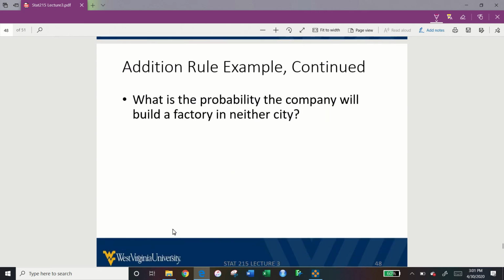What is the probability that the company will build a factory in neither city? So, we know that the probability that they build in just Shanghai, just Beijing, or both is the union. We want the opposite of the union. So we want the probability that it's not in Shanghai. Oops, let me erase that.